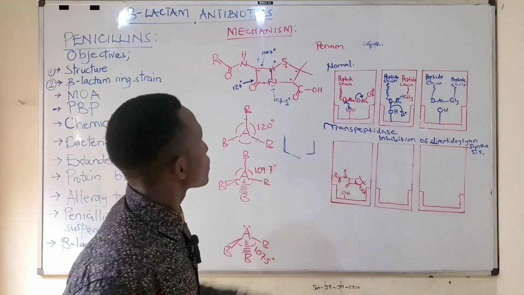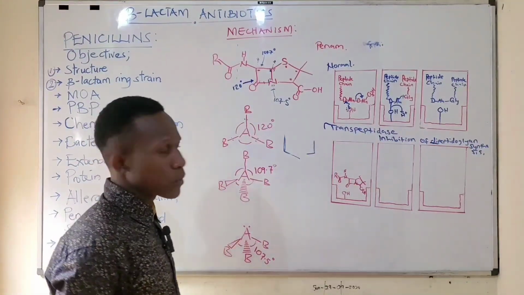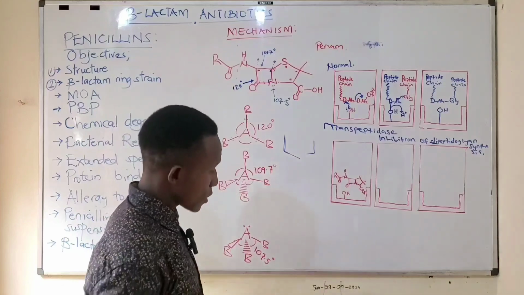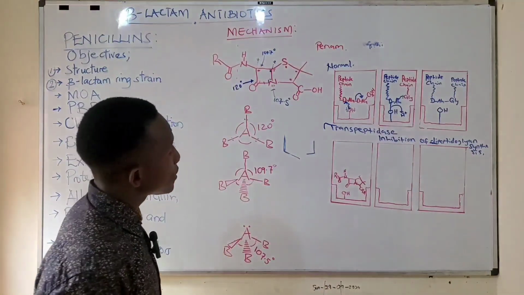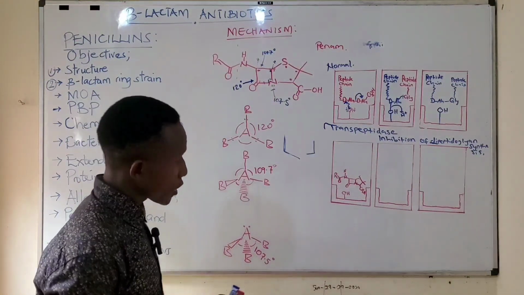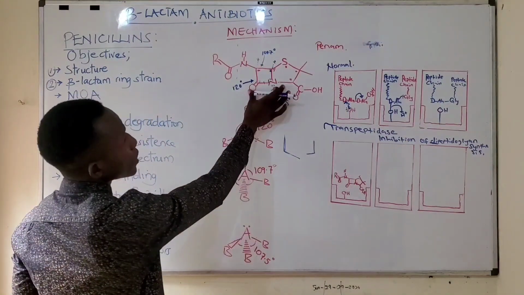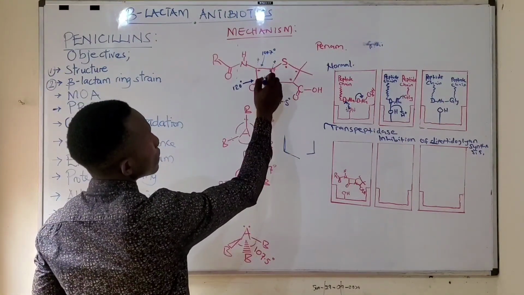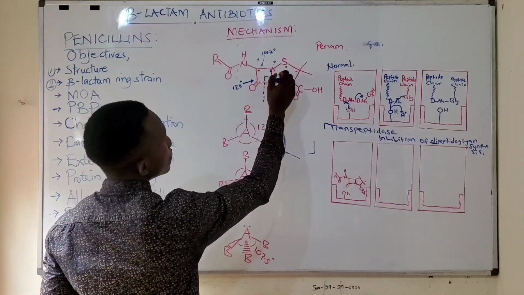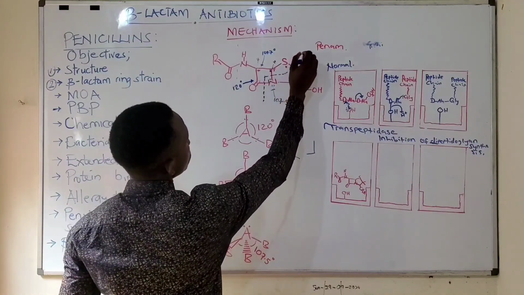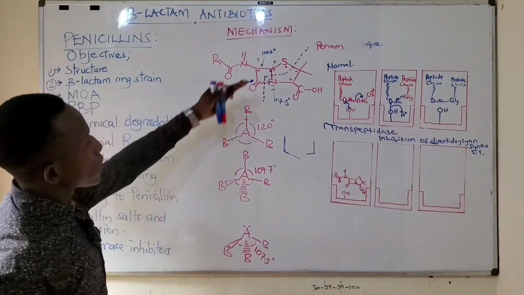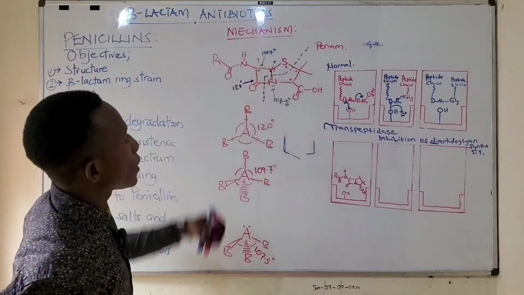Now, what do penicillins do? When it comes to penicillins, they mimic the structure of amino acids. When you come to this structure here, take this part and the upper part.